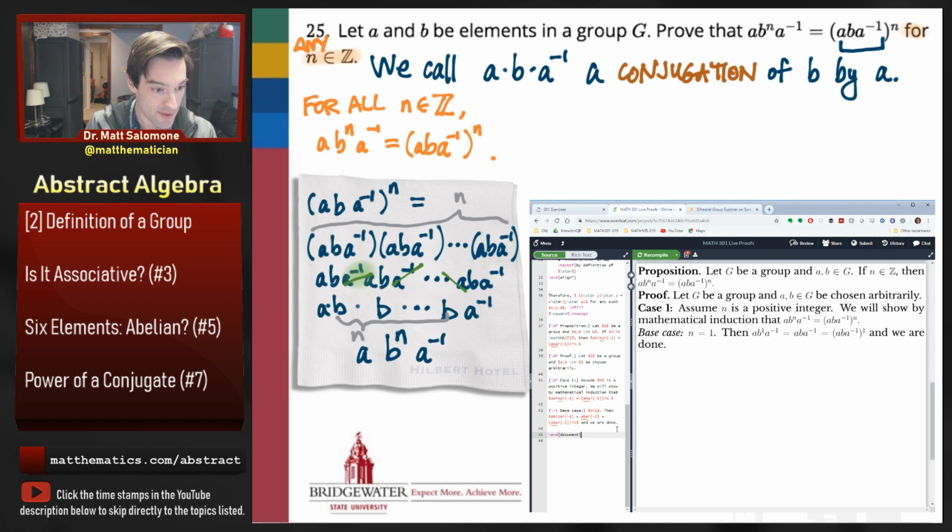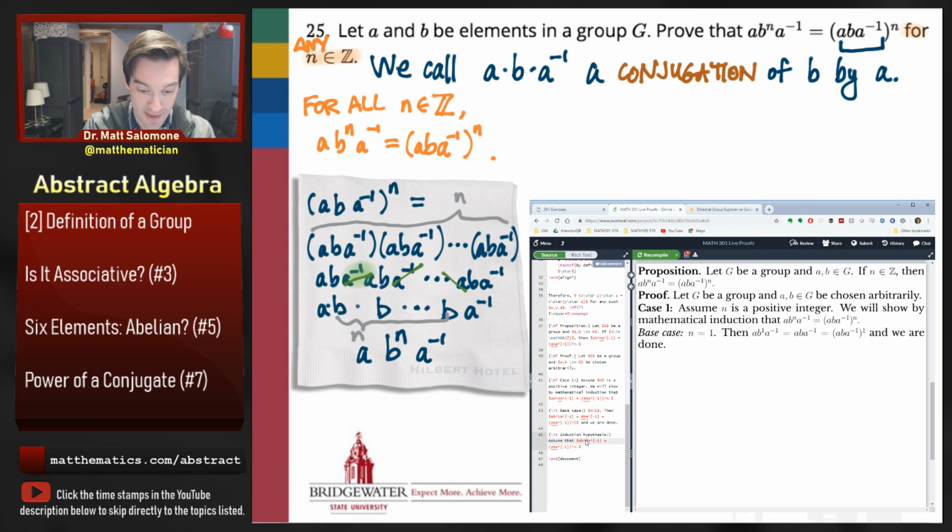So now, to complete the induction, we continue by making the induction hypothesis. In our induction hypothesis, this is the place where we definitely want to use the word assume, assume that for a specific value of this integer n, our equation holds.